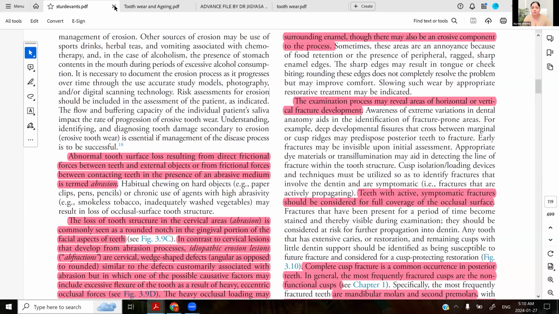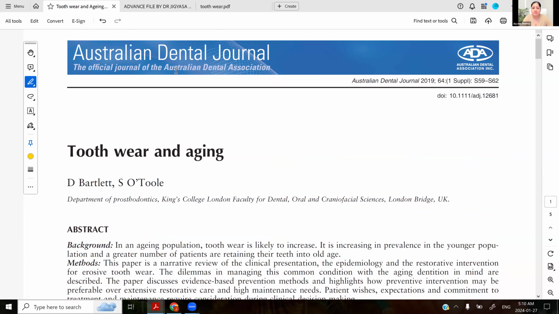So basically, to overview, these are your types of tooth wear, which are seen closely associated with either acidic drinks or with parafunctional habits or with your intrinsic acids, right? So extrinsic and intrinsic erosion. Extrinsic erosion is the external exposure, right? And it is coming from your extrinsic acid.